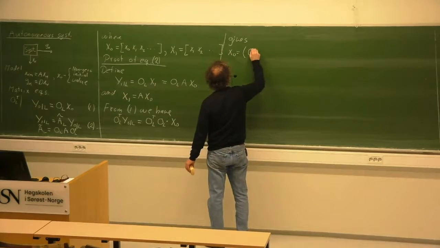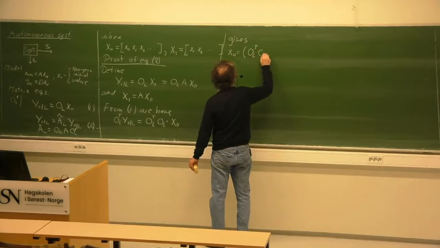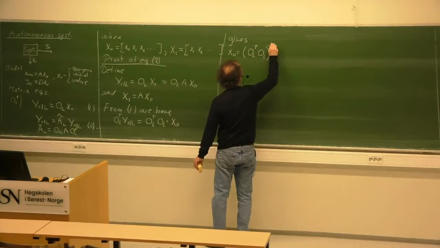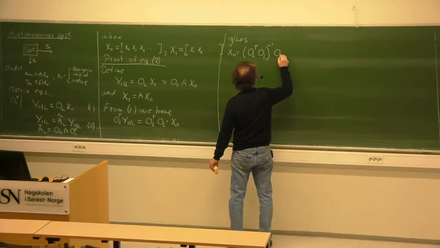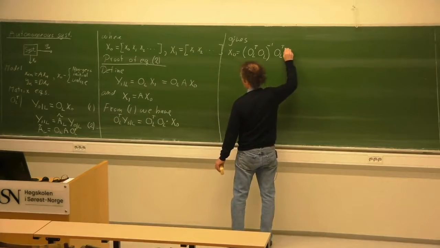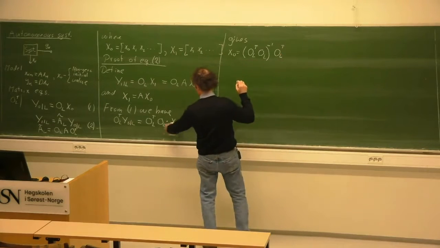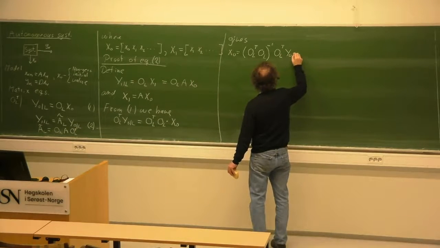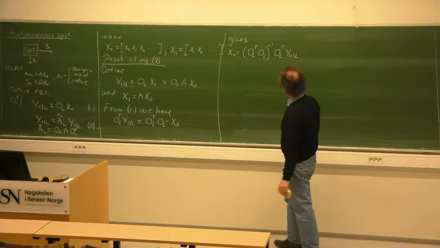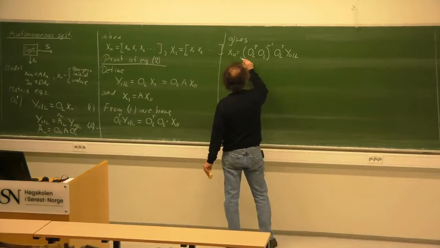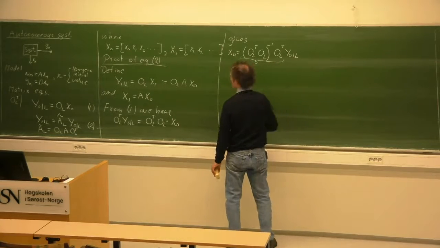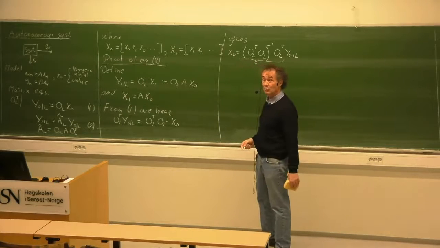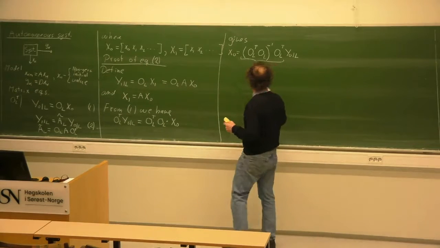The solution is the inverse of OL transpose OL, times OL transpose, times Y0 given L. In fact, this matrix is the so-called Moore-Penrose pseudo-inverse of the matrix OL.